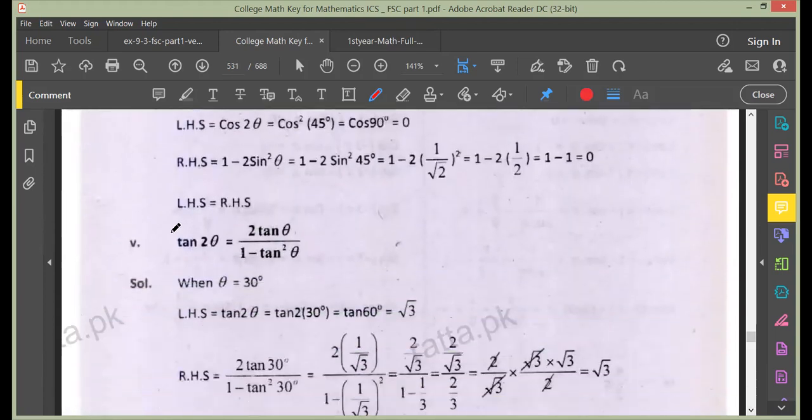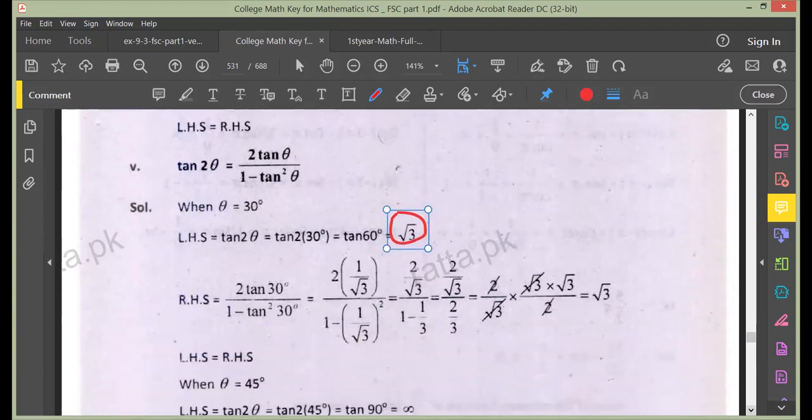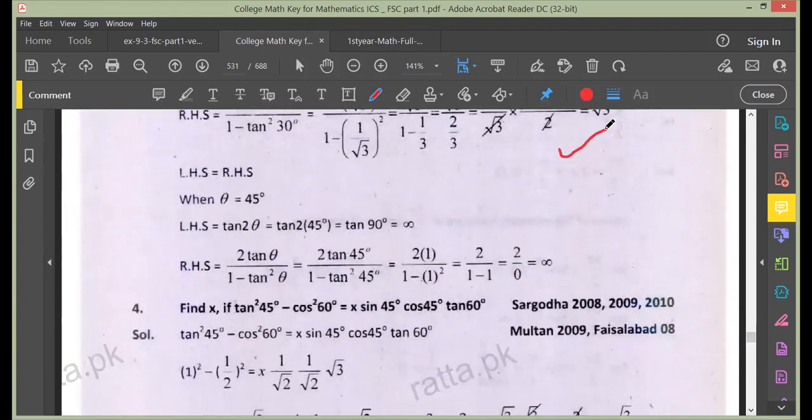And if we do the fifth part of question number 3, which is tan 2θ = 2tanθ over 1 − tan²θ. So θ = 30, so tan 2θ is tan 60, and you know that tan 60 is equal to √3. So after taking the values, our final answer will be √3 with the procedure given in the above expression.